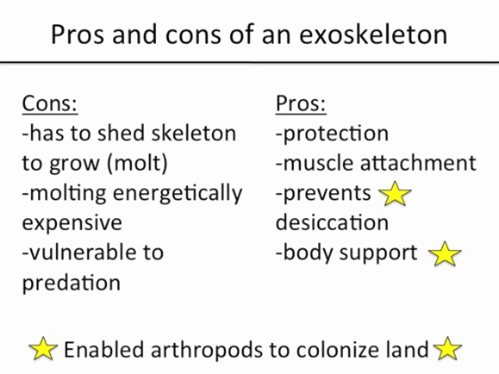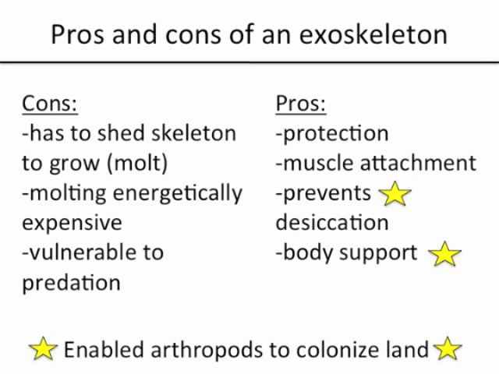It prevents drying out, desiccation, and it supports their body plan. Unlike some of the ones that we skipped, they're not just blobs of cells. They can have a larger body plan, and they can move, which sponges couldn't do, because they have this exoskeleton that they can use those muscle cells to pull against to cause movement in the arms and legs, things like that.